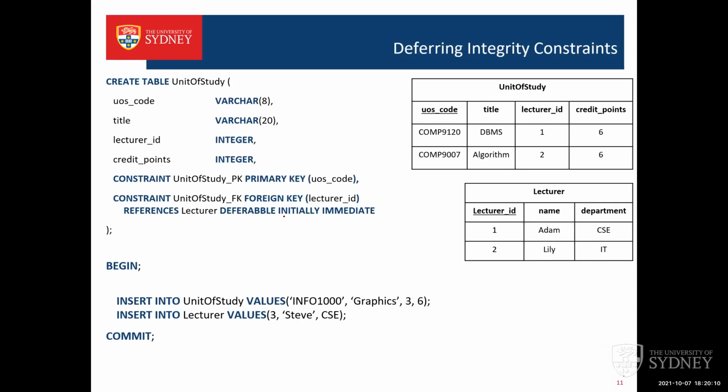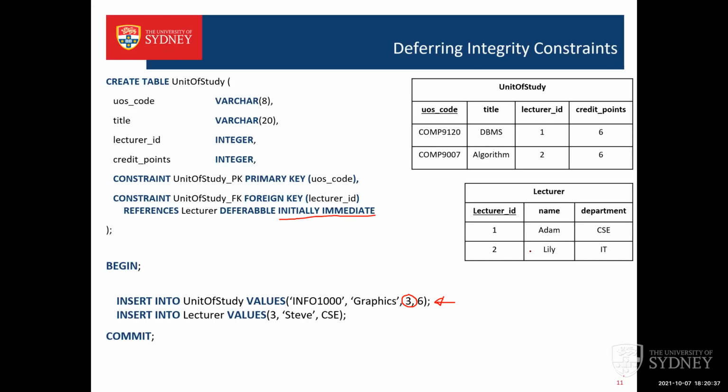Have a look. This one is saying initially immediate. Initially immediate means after every statement we will check. So this is the first statement we are going to insert. If I insert this one in the unit of study table, since lecturer ID is the foreign key, I am trying to insert 3, but 3 does not exist in the lecturer table.